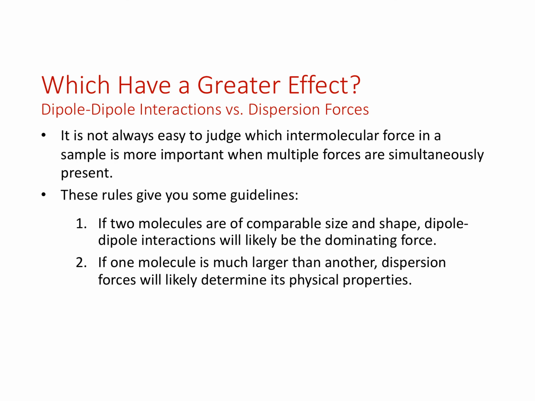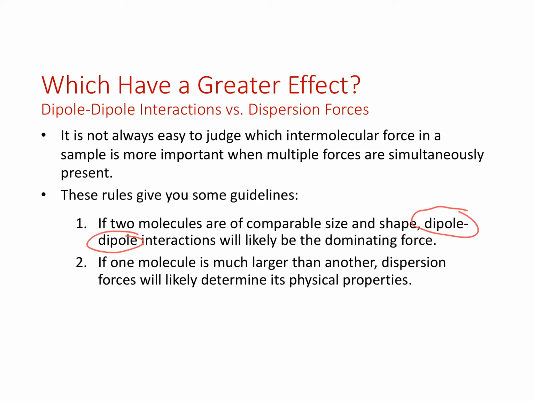So in summary, it's not always easy to tell what intermolecular force is the most important, but these two guidelines will help you figure out what intermolecular force I should be thinking about when I'm trying to determine the properties of a molecule that I'm looking at. So if you're comparing molecules of similar size and shape, so if they have the same molecular weight, but they have different boiling points, then you want to think about it's due to the strength of the intermolecular force.